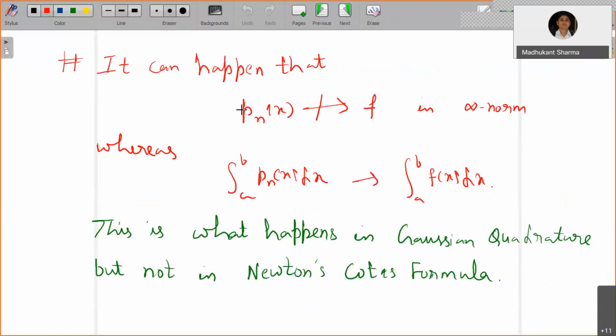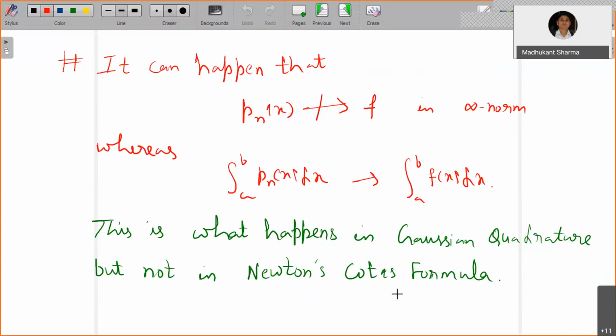So it can happen that the interpolating polynomial may or may not converge to f in maximum norm, whereas the numerical quadrature, the integration a to b of Pn, does converge to the integration a to b f of x dx. This is what happens in the Gaussian quadrature formula, but it is not going to happen in the Newton-Cotes formula. We will conclude at the end why it is not happening in the Newton-Cotes formula.